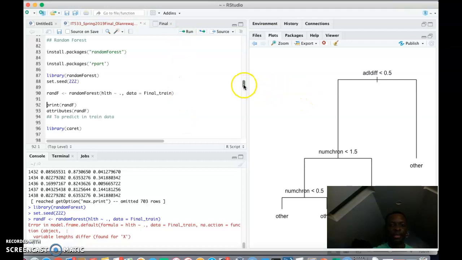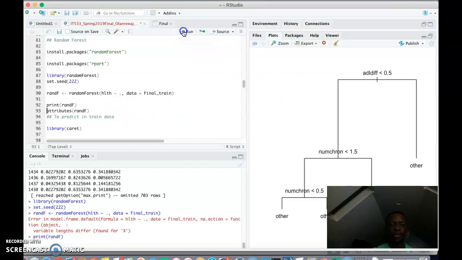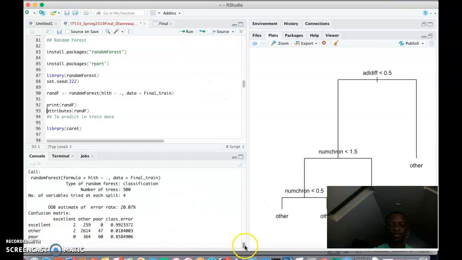Come on, guys. Okay, so this is what I need here. The value of the random forest, as you can see here, the number of trees that were generated is 500. It divided the entire data set, over 4,000 observations, into 500 trees, and the number of variables tried at each split is 4, and we have the OOB estimate of error as 20.07.